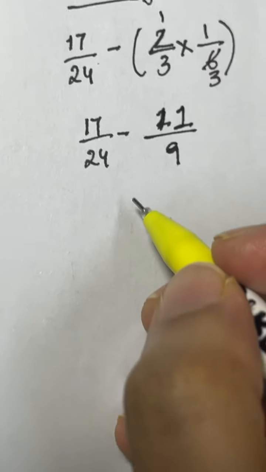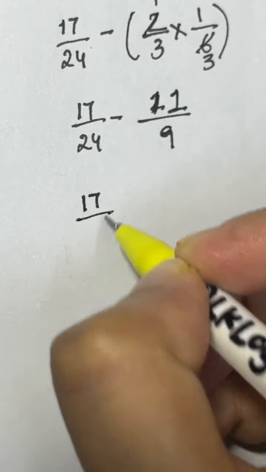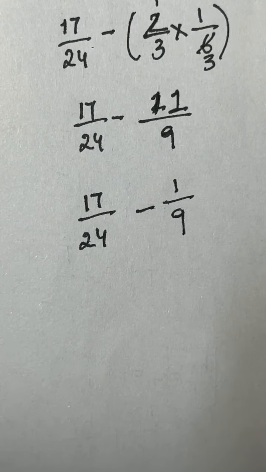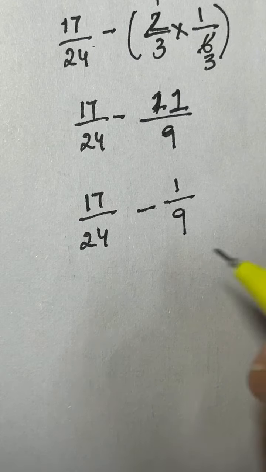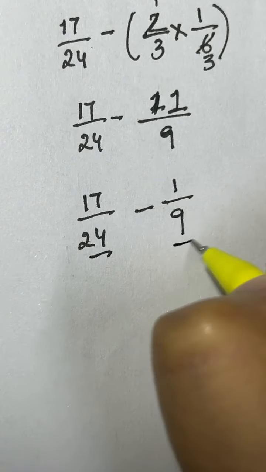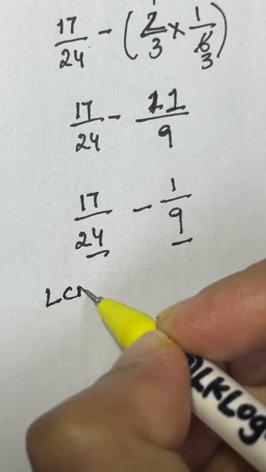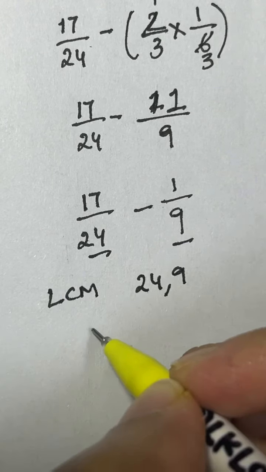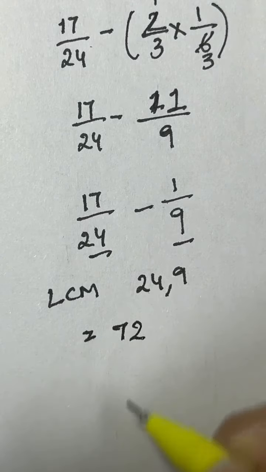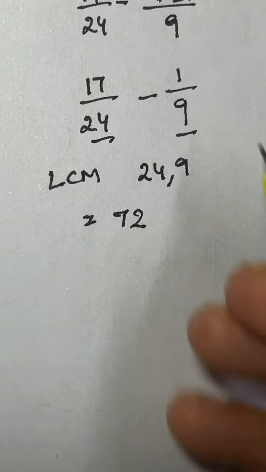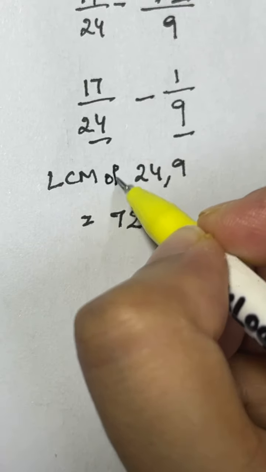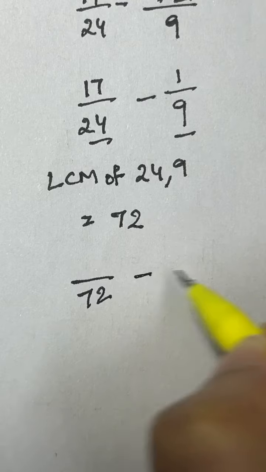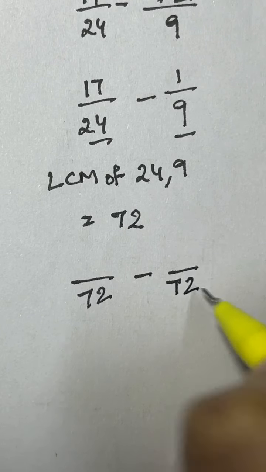So now you have 17 over 24. Let me write that down again. 17 over 24 minus 1 over 9. Now, what is the LCM for 24 and 9? How do you find the LCM for 24 and 9? It is equal to 72. So now let's make the denominators equal to 72. 72 minus 72.